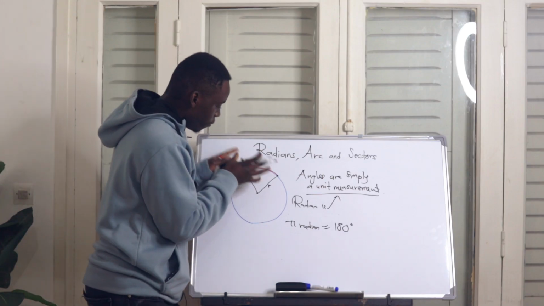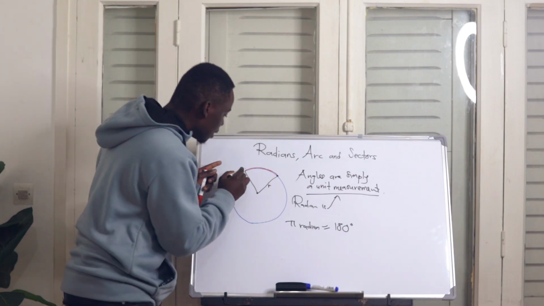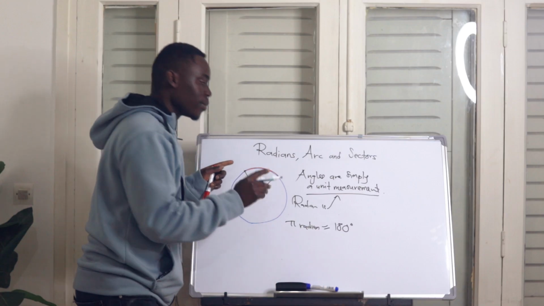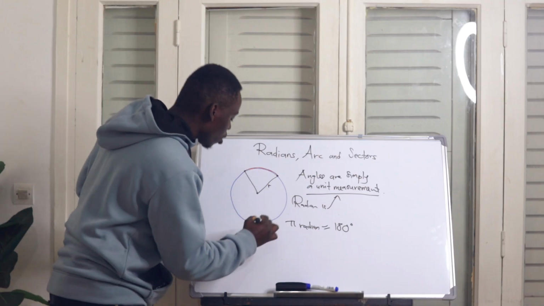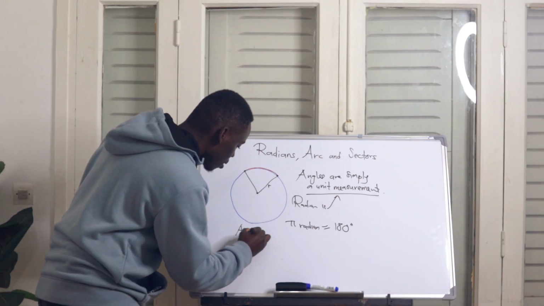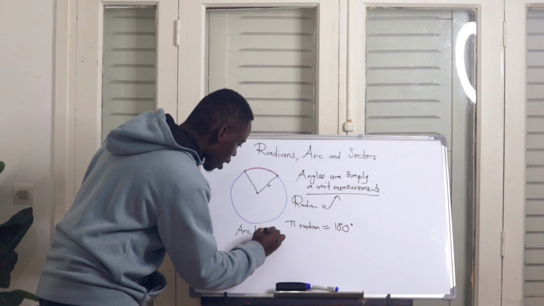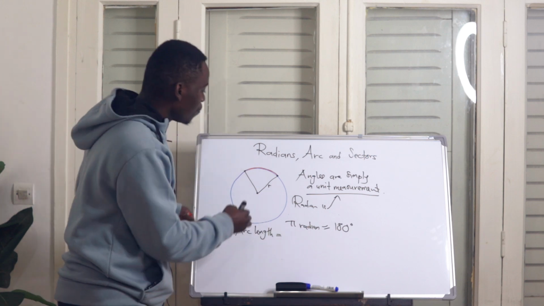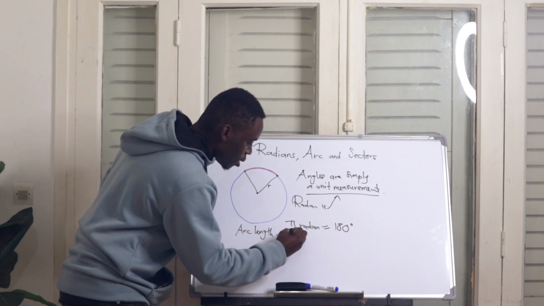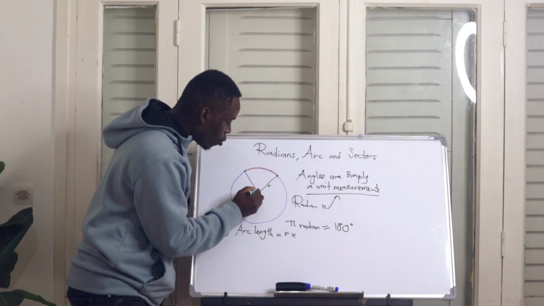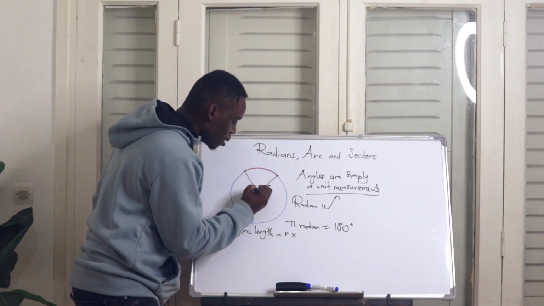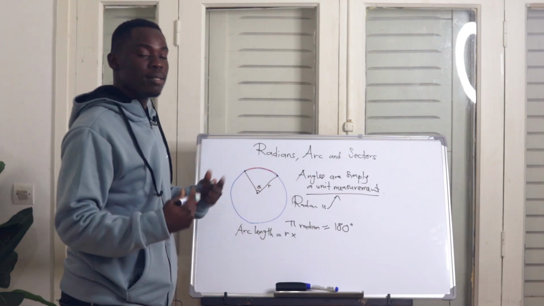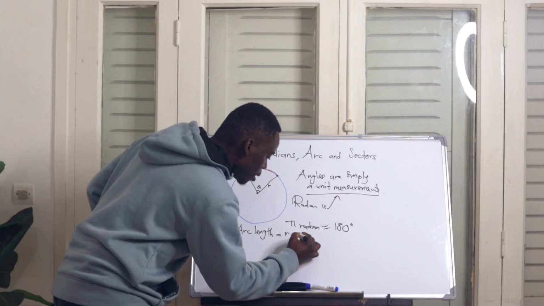The distance of this arc is calculated by this formula: arc length is equal to the radius times the angle formed by the two radii. In our case, this is our theta. Theta is the symbol that denotes our angle.